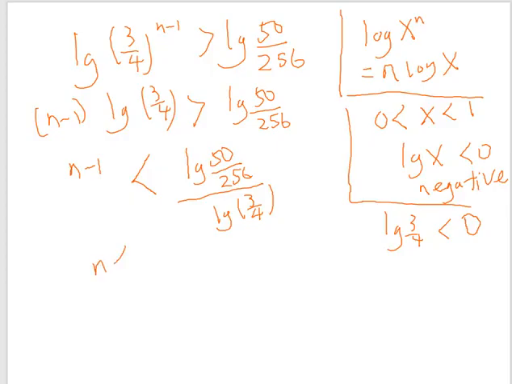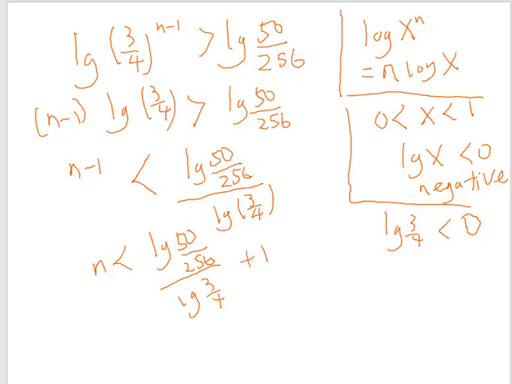So with that, n is less than log of 50 over 256 divided by log of 3/4, plus 1.